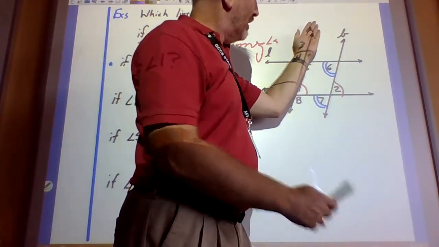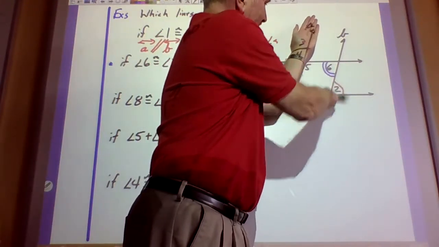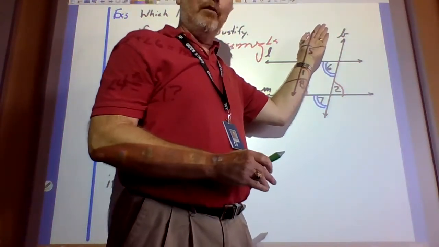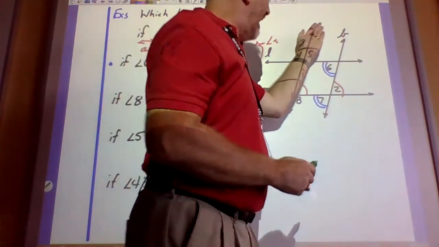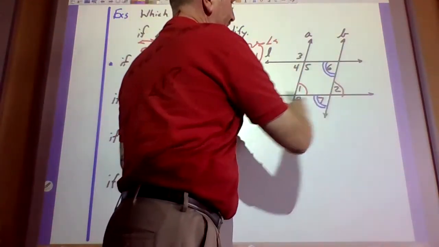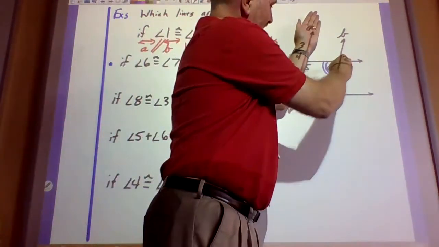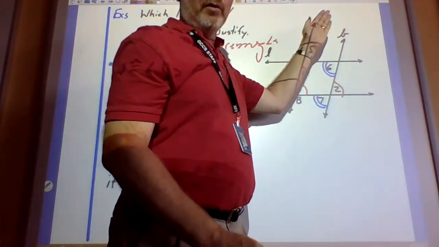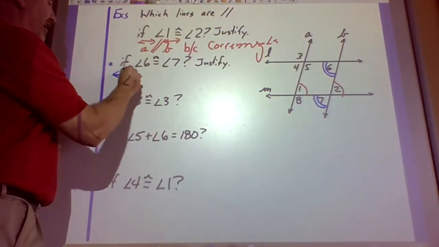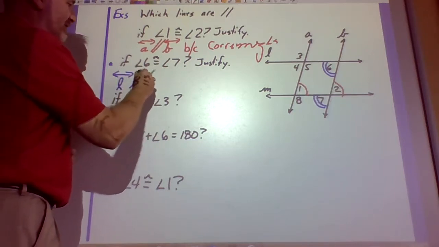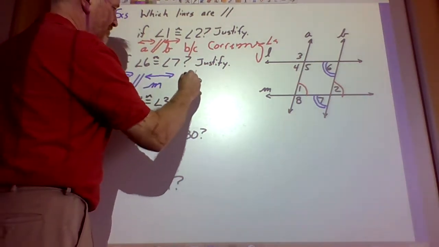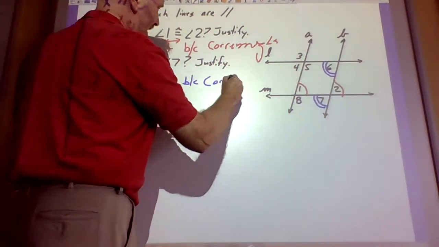Well, once again, 6 is inside the lines, 7 is outside the lines, and that's usually the dead giveaway that it's corresponding. So the lines that would be parallel in this one would be L and M. And this time it's based on the fact that the angles we know are congruent are corresponding. So this time it's line L is parallel to line M, and that is because of corresponding angles again.